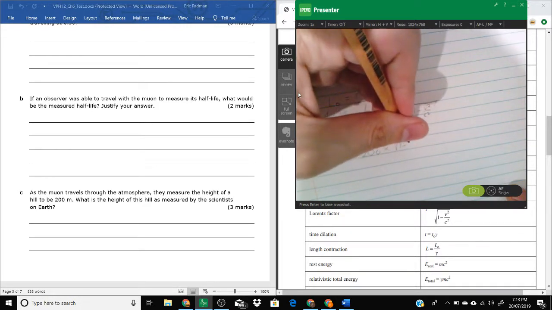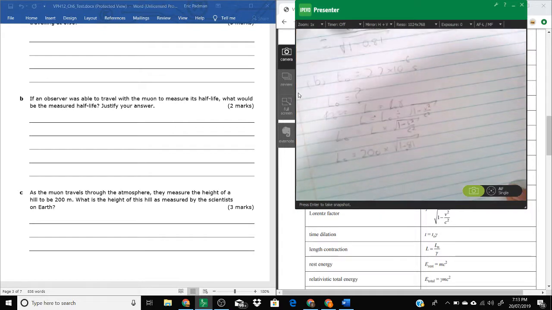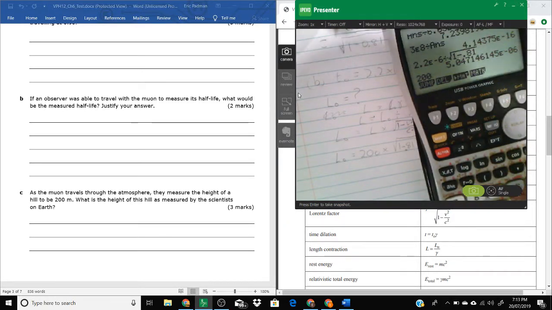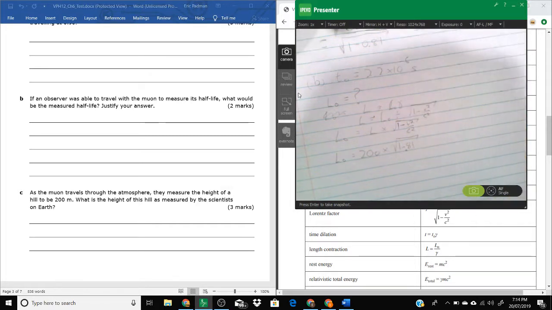1 take the square root of 0.81. So let's do it in my calculator. No, that's not right.